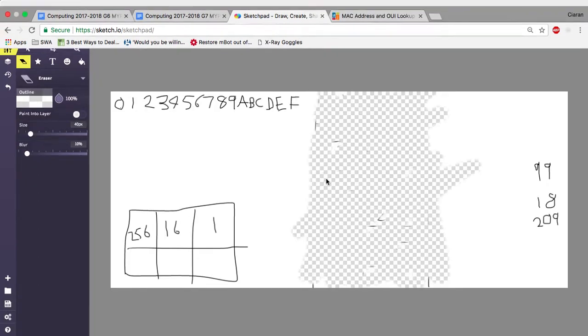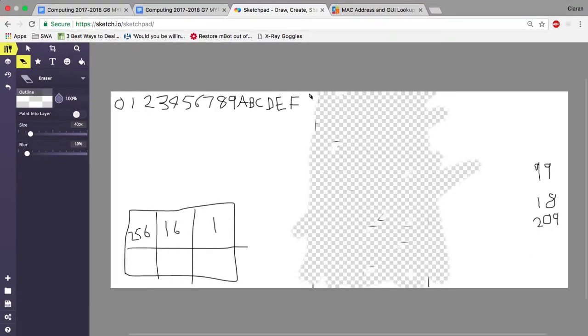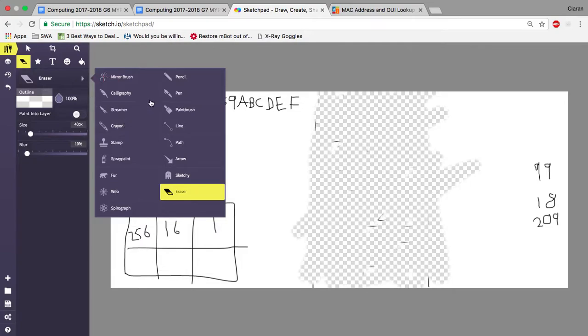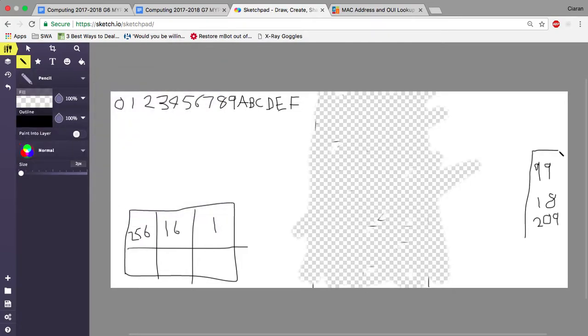Now, here I want to explain how you can convert decimal numbers into hexadecimal, the opposite. So imagine we've got these three numbers, we want to convert them into hexadecimal.